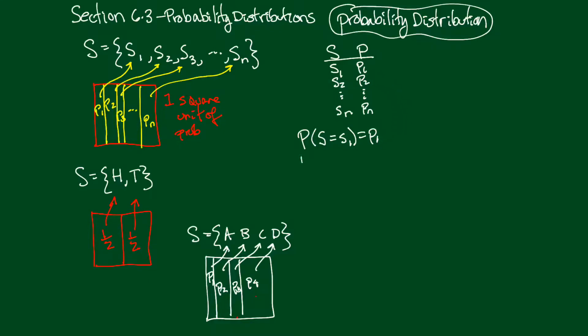And then I could write the probability that S, the outcome, is this particular one, S sub 2, that would be P sub 2. So I would read this, the probability that the outcome is S2 is P2. And then I just keep on going, dot, dot, dot. The probability that the outcome is, say, that last one, is P sub n. So these are all ways of displaying a probability distribution.